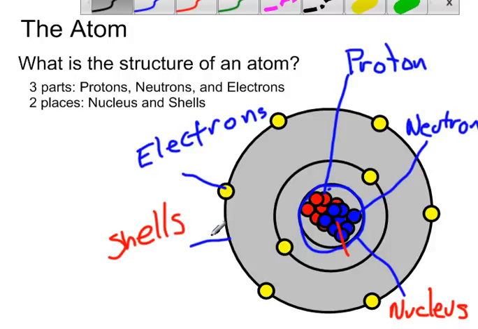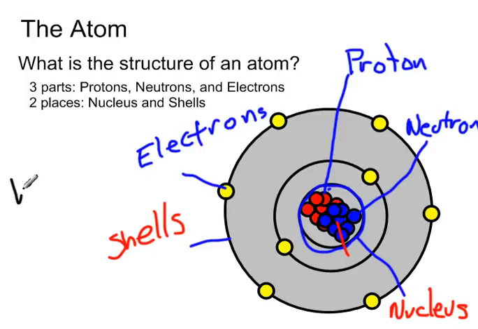So how many electrons it has tells us how many shells it has. It turns out that these electrons out here in the outer shell are called valence electrons. And I'll write that right here. Valence, whoops, sorry.